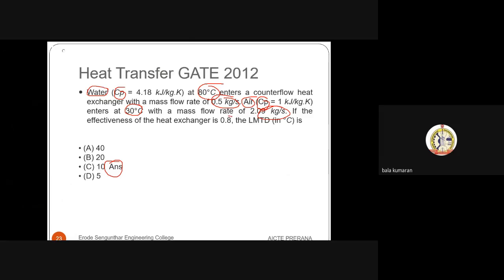They have also given the effectiveness. Here comes a new word, which you have not yet seen: the effectiveness symbol E, which is 0.8. They asked to find the LMTD value, which is the temperature difference, del Tm, in degree Celsius. The answer is actually 10, but let me see how the answer came.